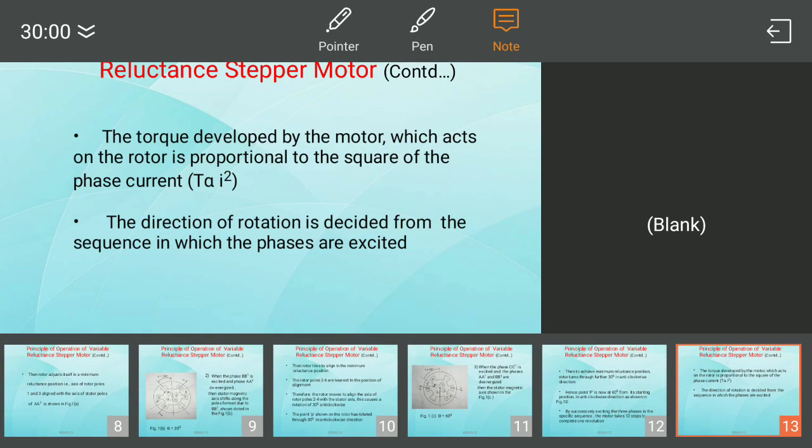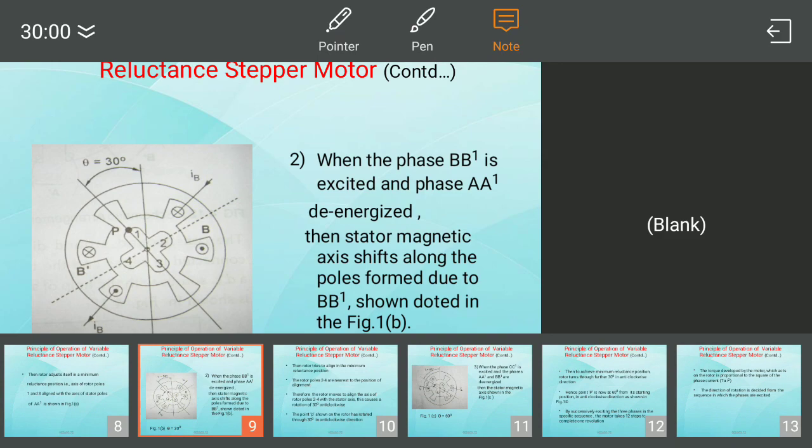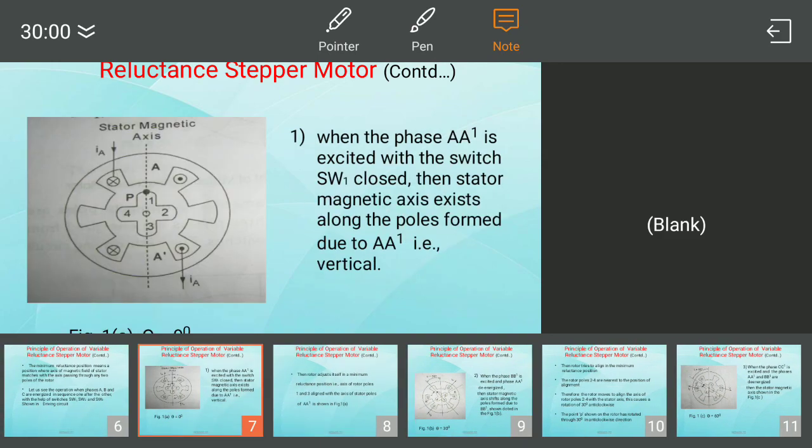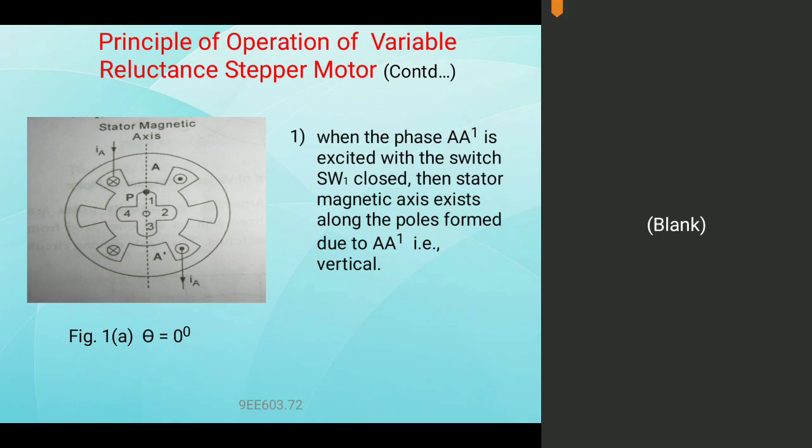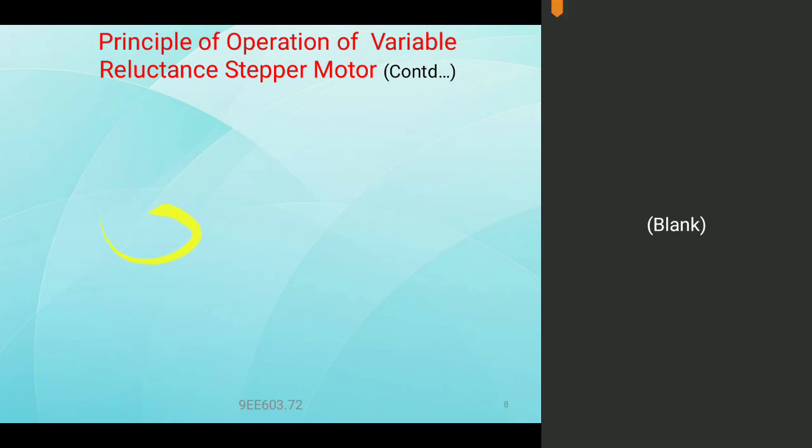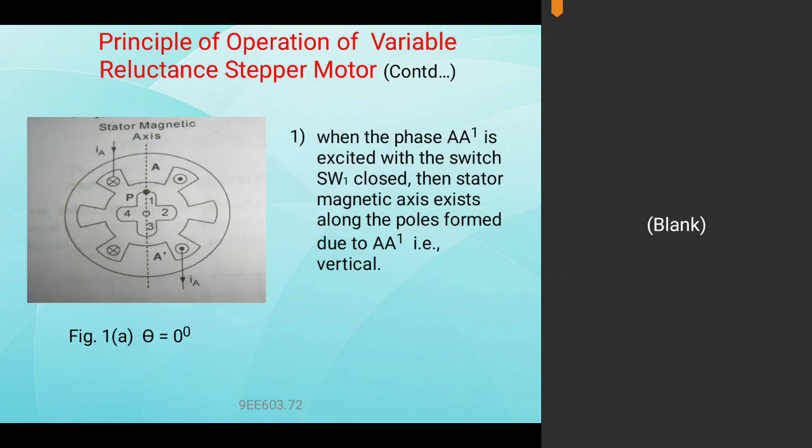Once again, see here, the reluctance stepper motor. In this case, at theta is equal to 0 degrees, the stator axis and these poles are excited, and the remaining are de-energized.